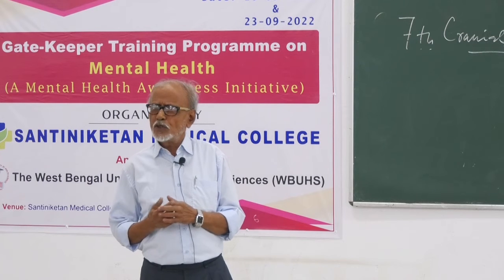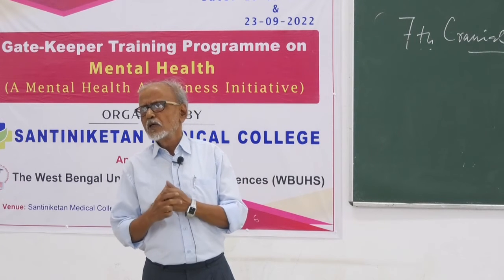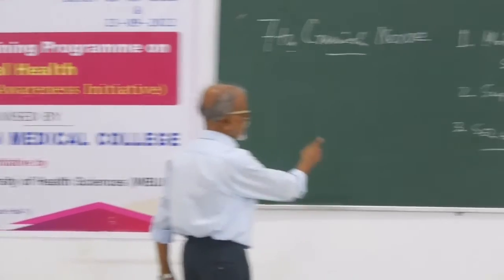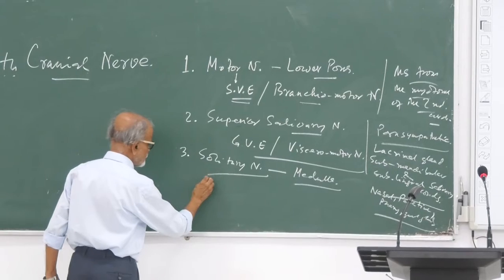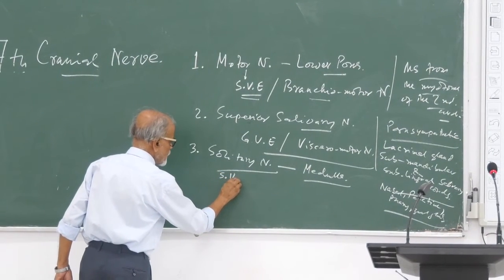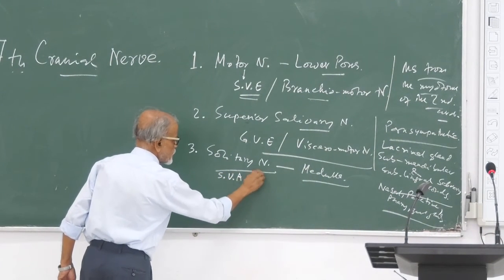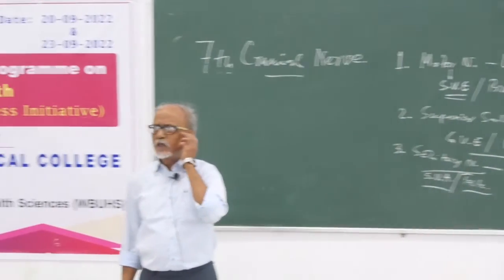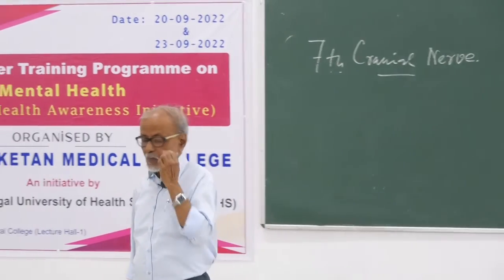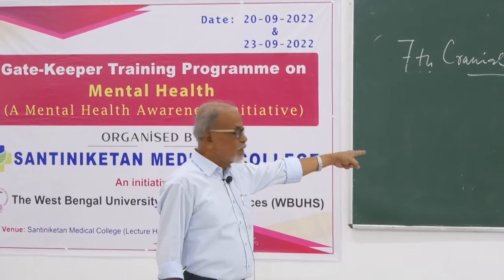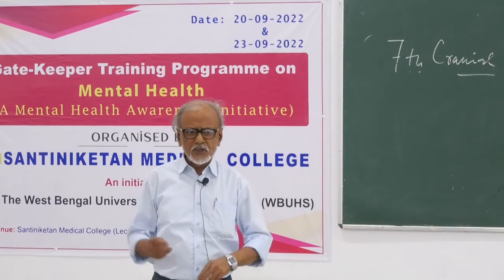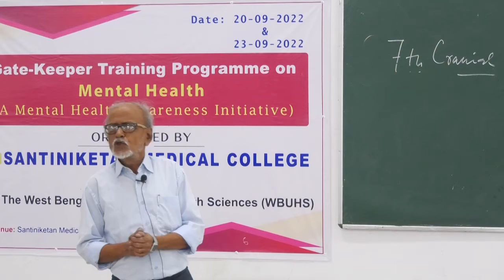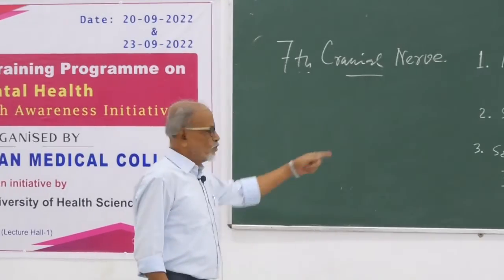Solitary nucleus is an elongated column found in the medulla.